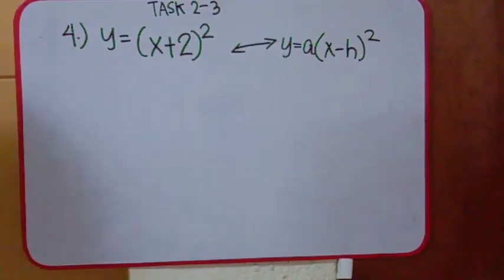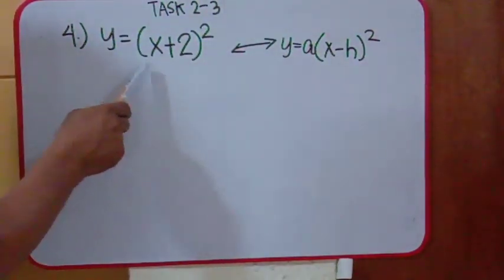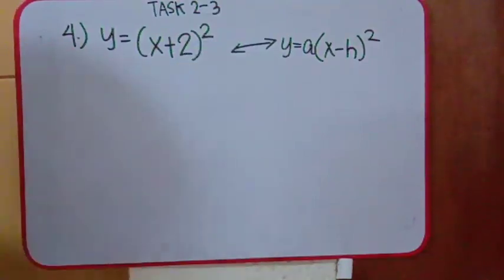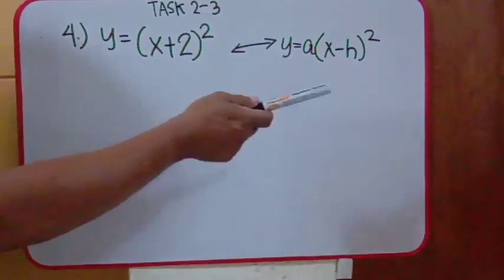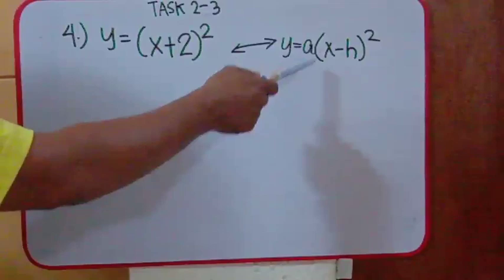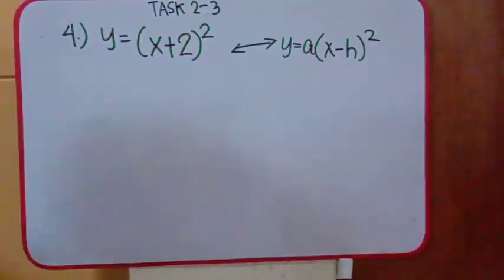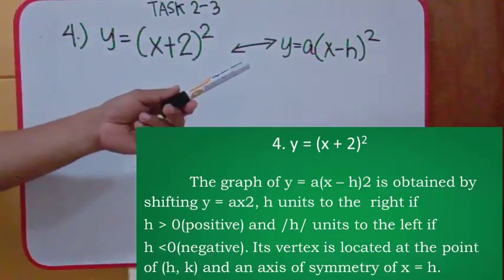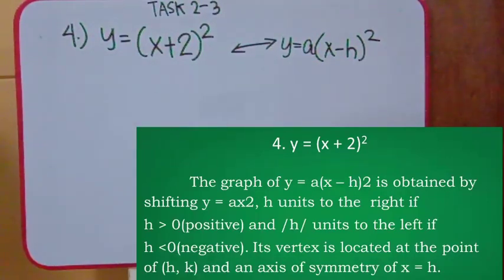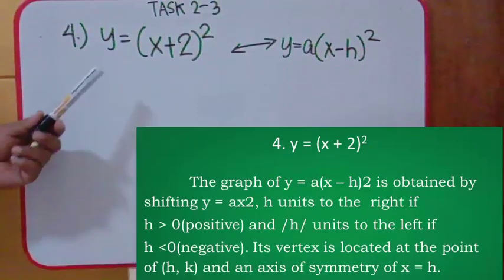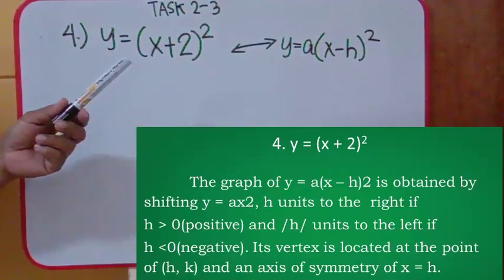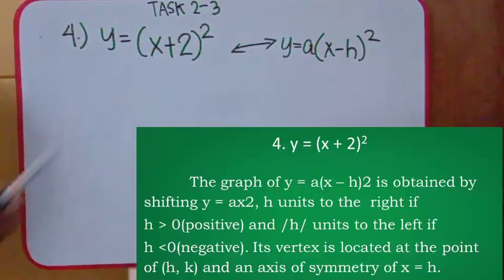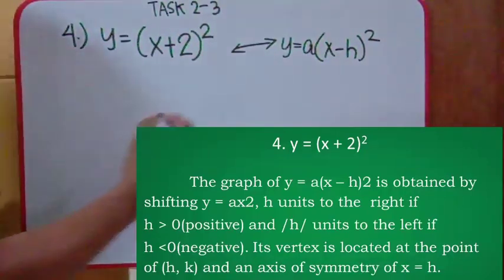Okay, fourth example natin. Y equals the quantity of x plus 2 quantity square. So, it is similar to our lecture, y equals a times the quantity of x minus h quantity squared. In this case, the graph of y equals a times the quantity of x minus h quantity squared is obtained by shifting y equals ax squared, h units to the right if h is positive.